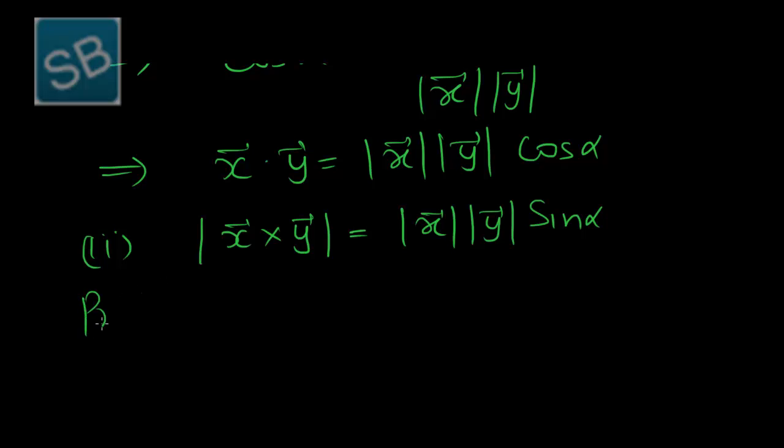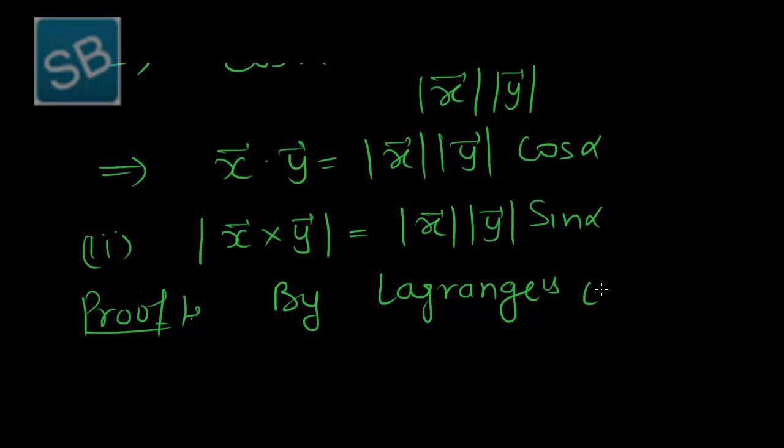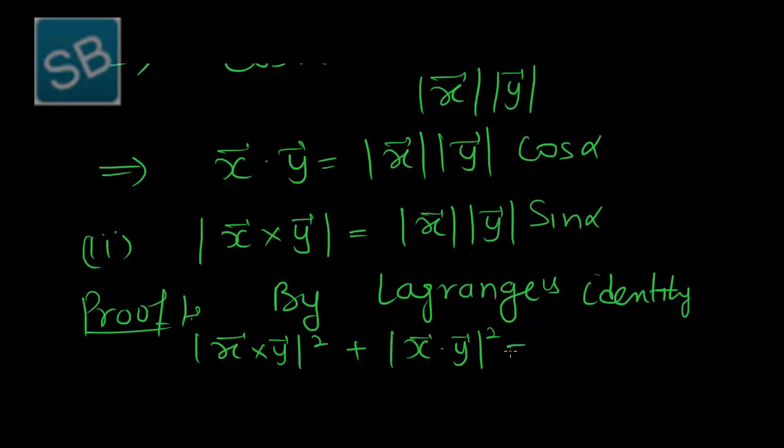So proof of this is by Lagrange's identity we have modulus of x cross y whole square plus modulus of x dot y whole square is equal to modulus x square modulus y square.